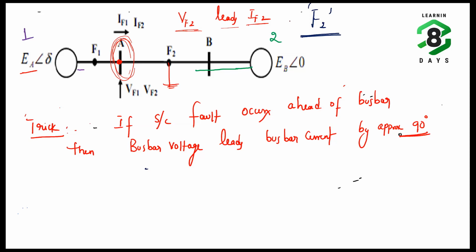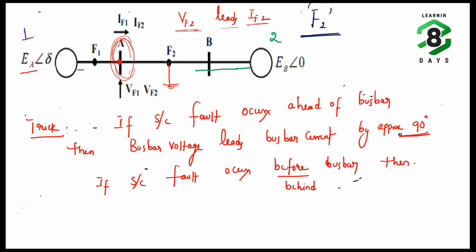The second point is, if short circuit fault occurs before bus bar, or in other words behind bus bar, then bus bar voltage lags bus bar current by approximately 90 degrees.